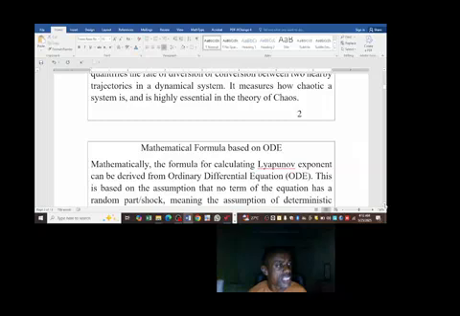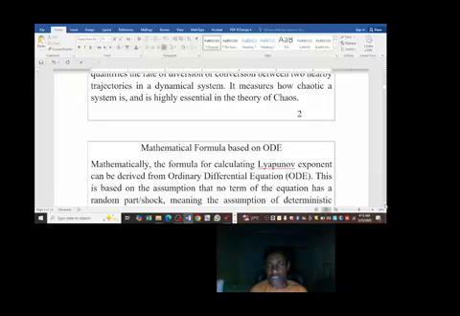It only has a deterministic trend, or a deterministic part, a growth part, but it doesn't have a random part. In a dynamic system where we only have a deterministic part, no stochastic part, such a system is referred to as a deterministic dynamical system.